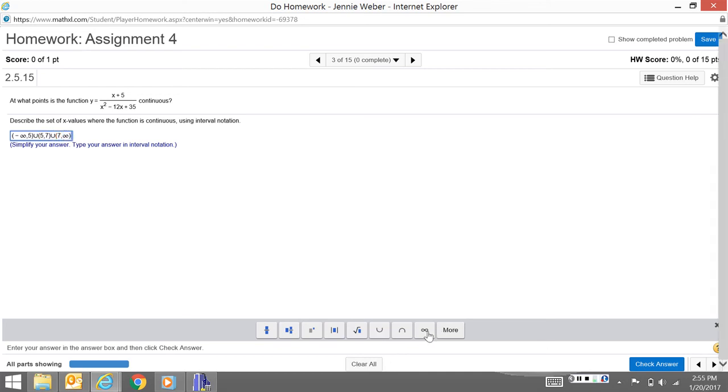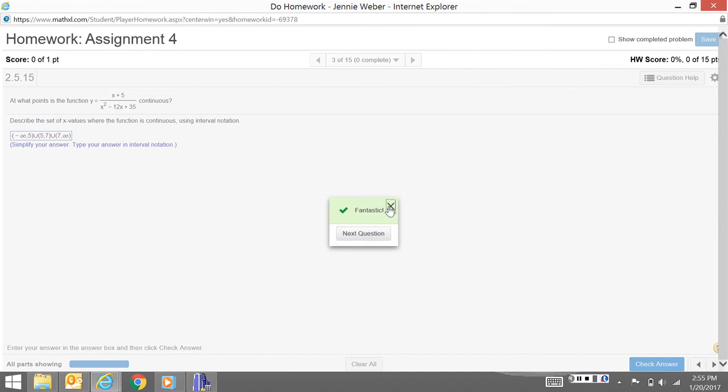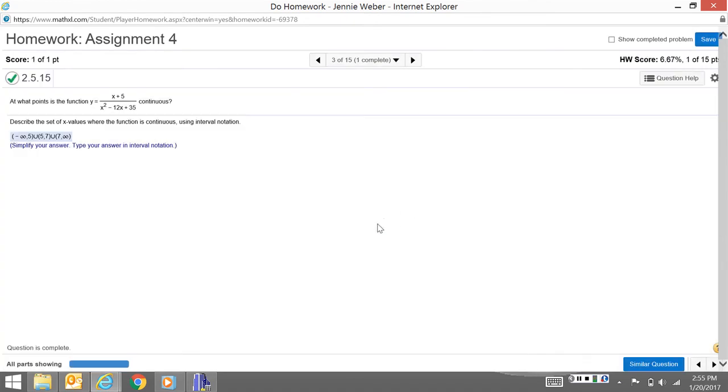You would use a bracket, remember, if you were going to include it, but we're not going to include it. These are the numbers we're skipping. This really just says it's everything but 5 and 7. You always use a parenthesis to show it doesn't include it, and you always use a parenthesis on infinity. And then this or just shows the connection here. So check answer. And so that's how we can use our graphing calculator to quickly see continuity.